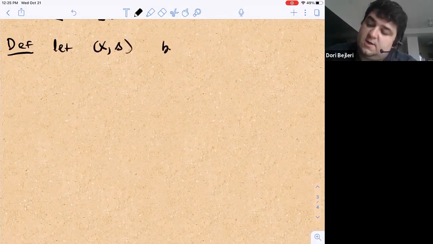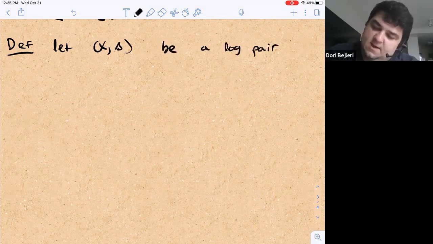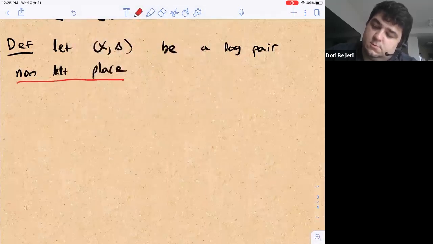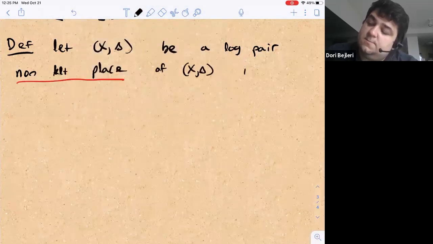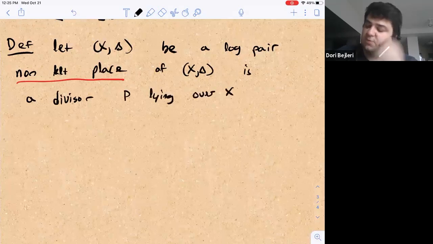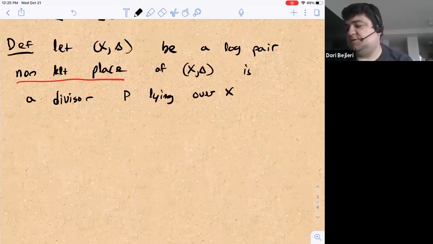So let (X, Δ) be a log pair. Then a non-KLT place of (X, Δ) is a prime divisor P lying over X with discrepancy less than or equal to −1.